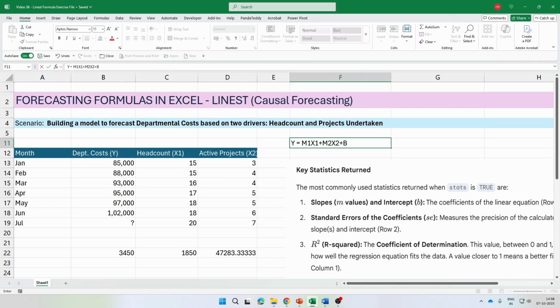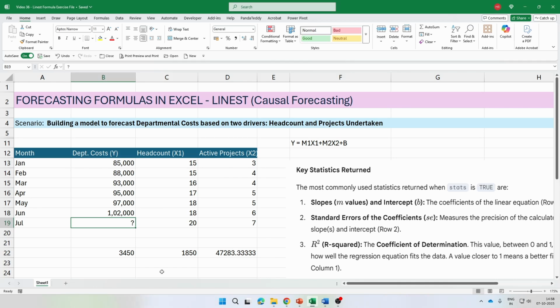Then what is m1? This 3450 is your m1, and 1850 is your m2. Then guess what b is? That's nothing but your 47,283. So you have to substitute these values in this equation to derive the number you are looking for. So look at the way I'm going to use this right now.